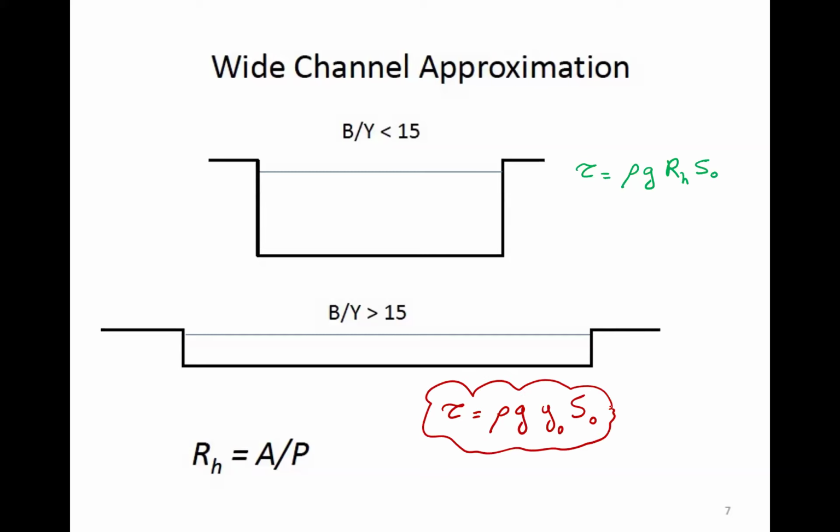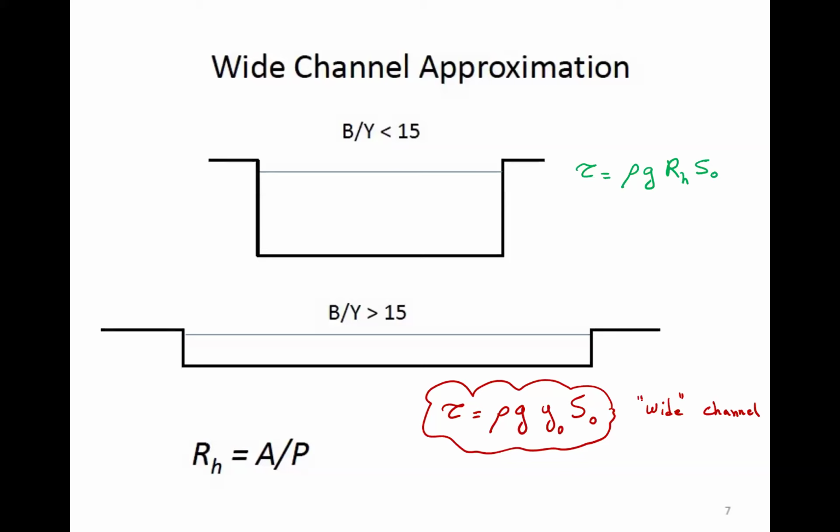So what does it tell us? It says if you have uniform flow in a wide channel, what do we mean by wide? We know that if B over Y is 15, we are within 10% in terms of hydraulic radius versus depth.